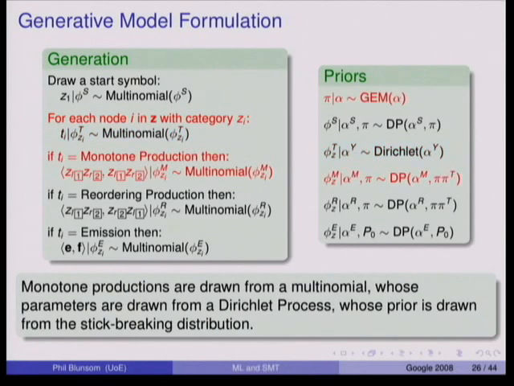So monotone productions, here in this somewhat cumbersome notation, we have Z1 and Z2 having the same order on the source and target. We draw that from a multinomial, and again, we draw its prior from a Dirichlet process. This time, however, because we're drawing pairs of constituents, the base distribution of the Dirichlet process is that cross product that I talked about.